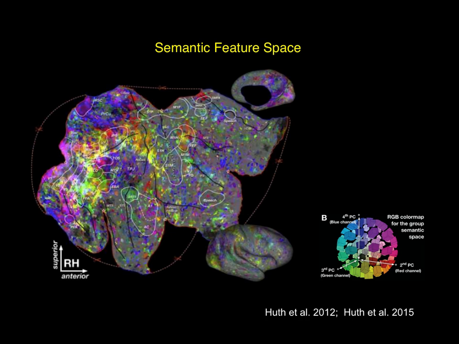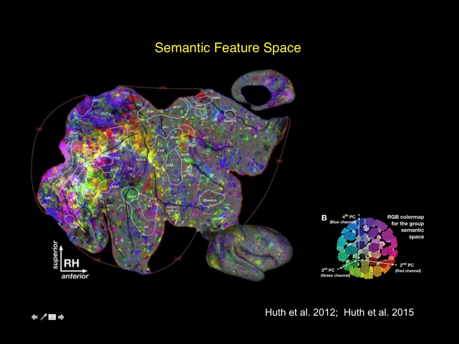And what they see is that there's a smoothly transitioning set of feature space, semantic feature space, across the visual cortex. So this is something that wasn't really seen before, showing that across features there's a smooth transition from, say, early visual cortex into, let's see, try and draw it out. So these early visual cortical areas are doing more things like color, loading on one particular set of features.